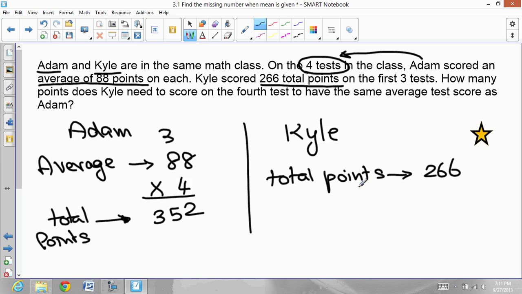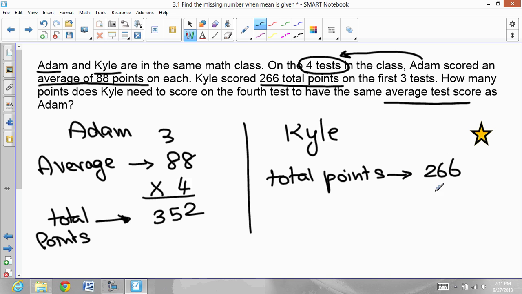So now you know Kyle got a total of 266 points, and this is for 3 tests, and this is a total for 4 tests because Adam scored on 4 tests and the total came to 352. Kyle scored 266 for 3 tests. Now focus on the question. How many points does Kyle need to score on the 4th test to have the same average test score as Adam?